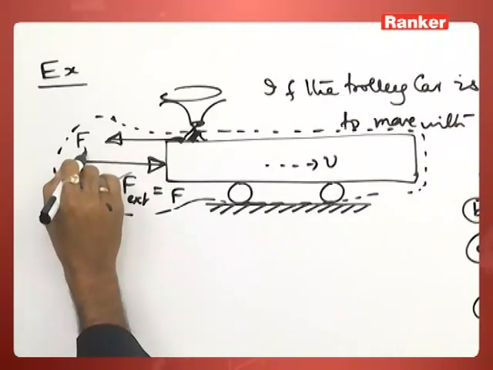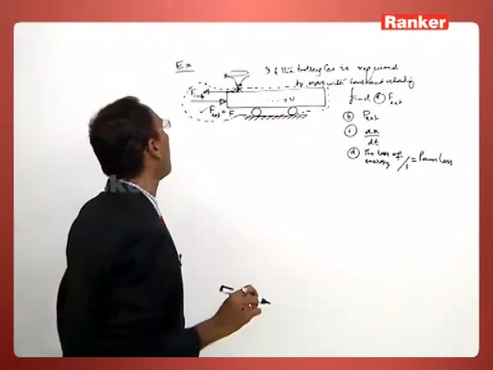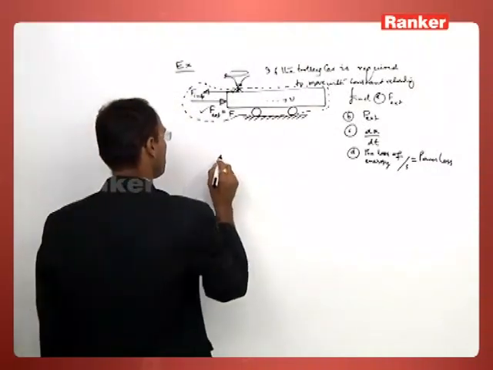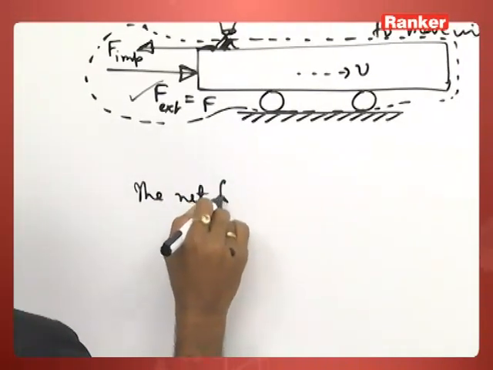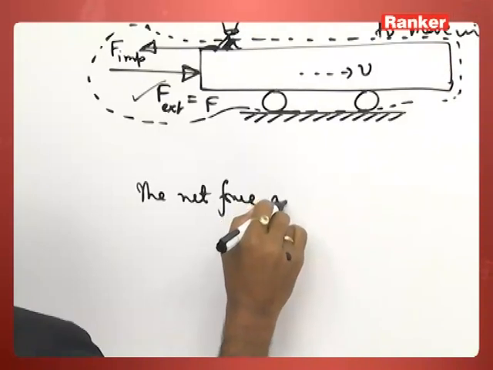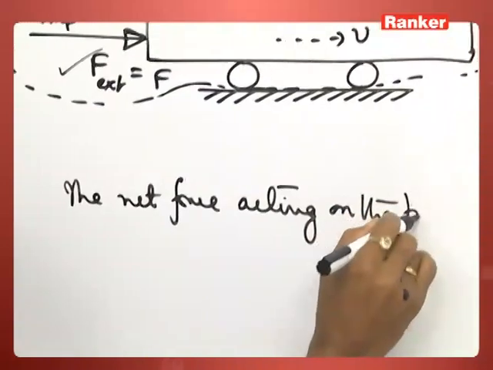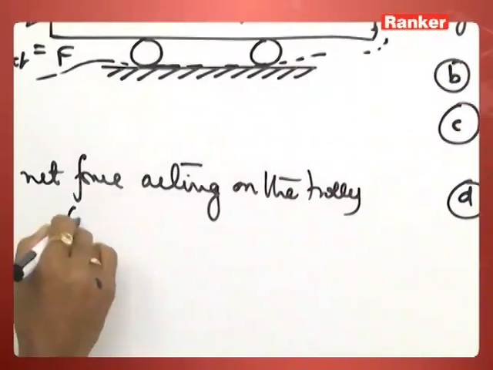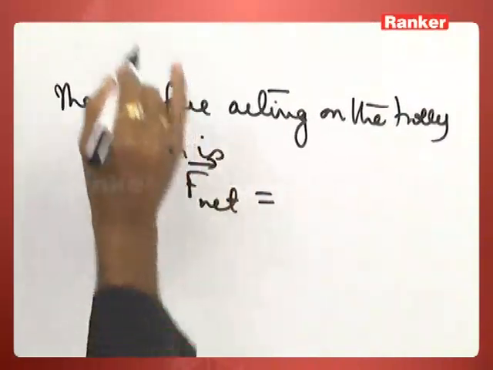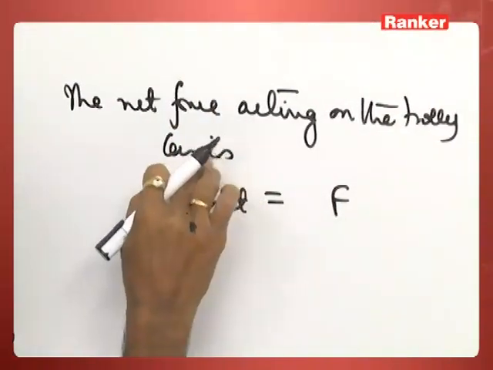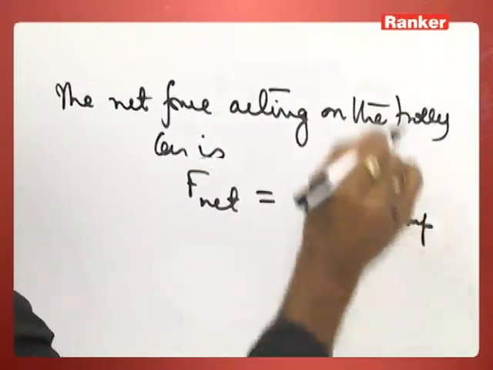Another force is the impulsive or impact force acting on the trolley car. The net force acting on the trolley car is F net is equal to F minus F impulsive.